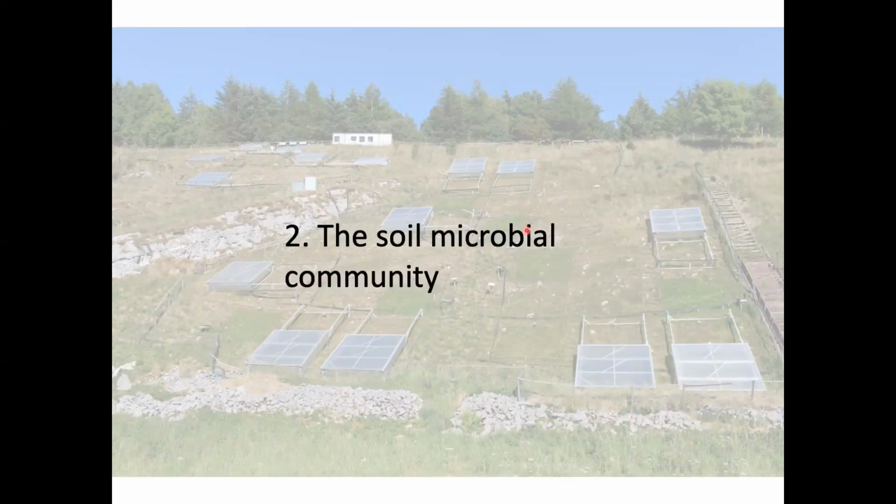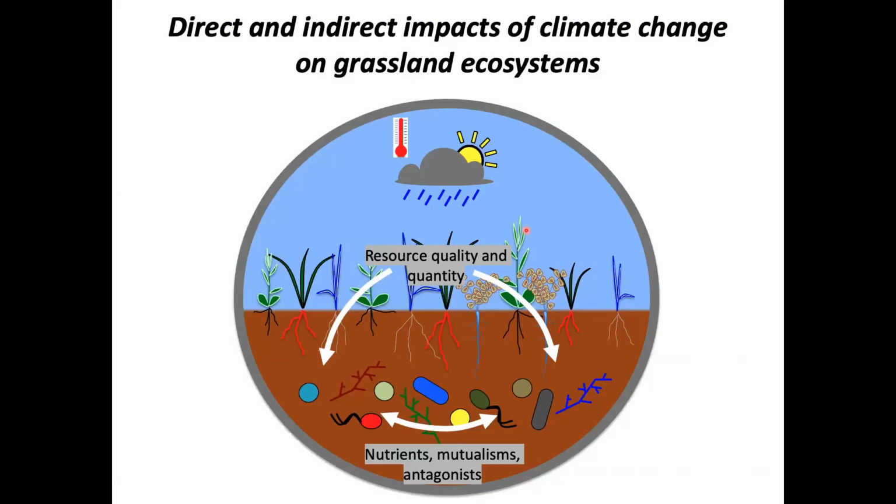So short story 2, the soil microbial community. Returning to this diagram, we expect that the plant community above ground and the changes will affect the soil microbial community below through the quality and quantity of inputs from the vegetation.